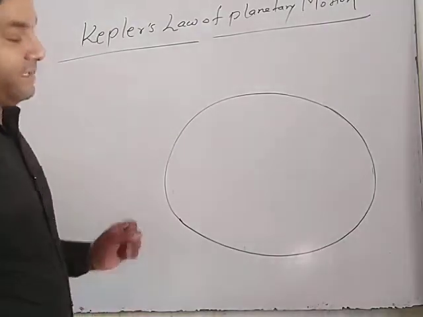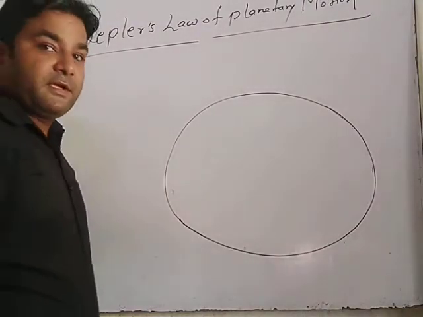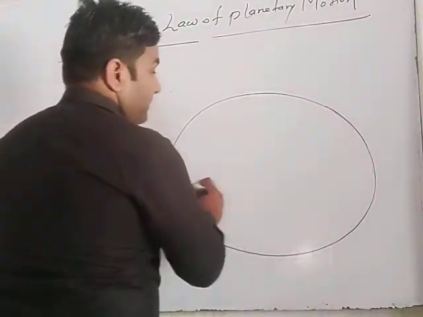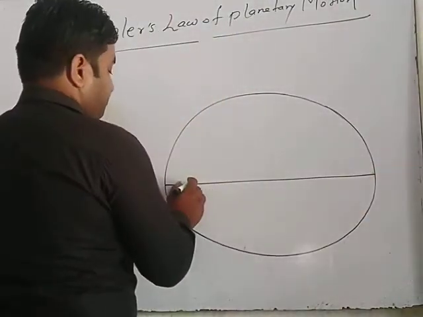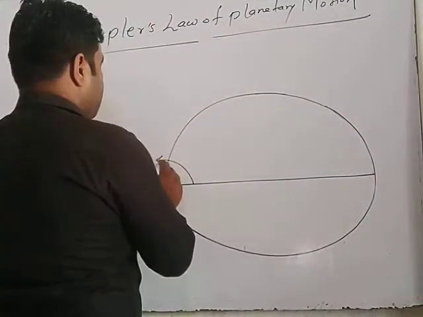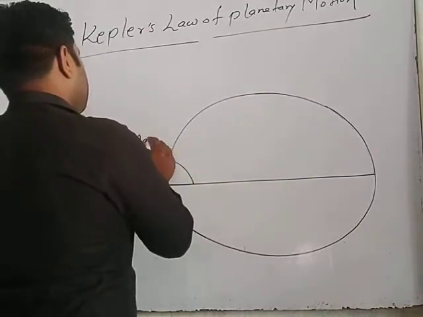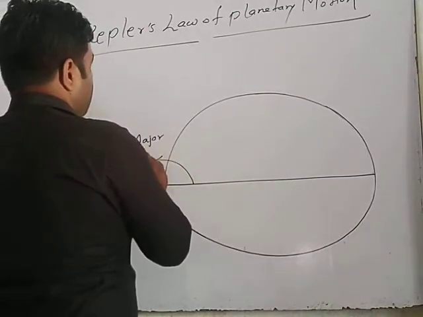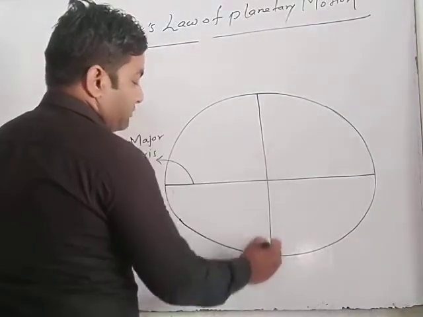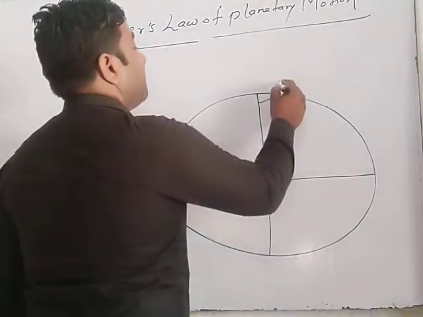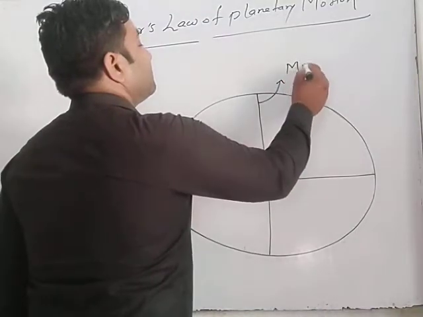This is the shape of an ellipse, and the longer axis is the major axis, and the shorter axis is the minor axis.